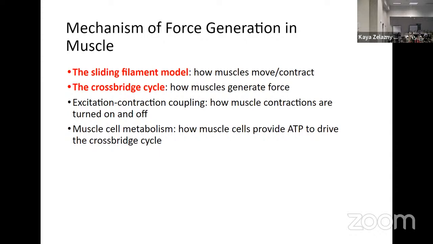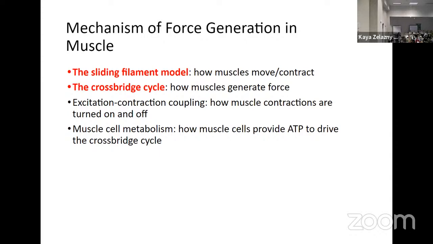The other part of the how is the cross-bridge cycle. So the cross-bridge cycle is the full process by which that myosin and actin bind to each other, use ATP to create that sliding. So we're going to see that we use energy for that myosin to essentially grab onto actin, pull it towards the center of the sarcomere to make the sarcomere in total shorter.